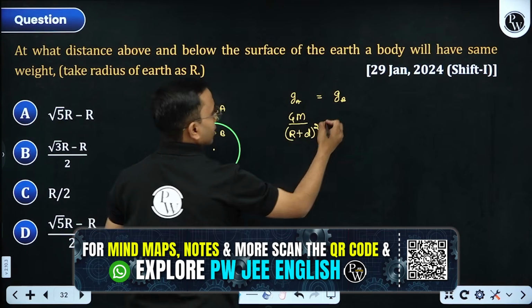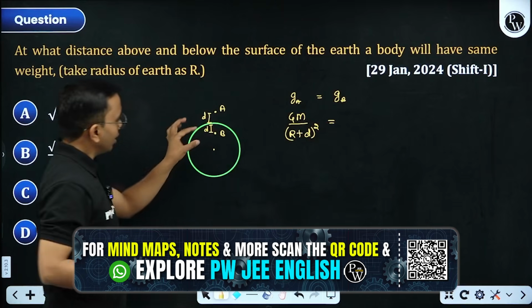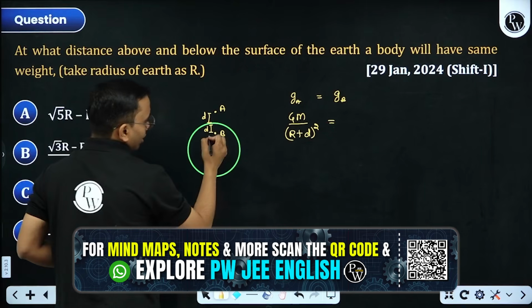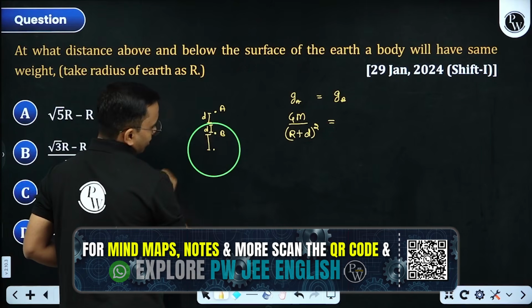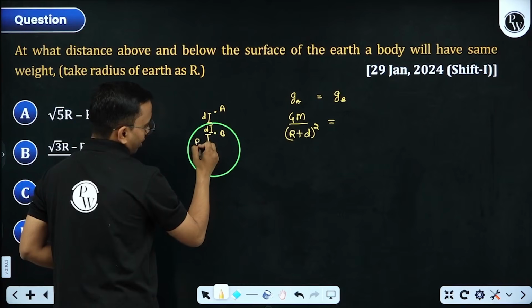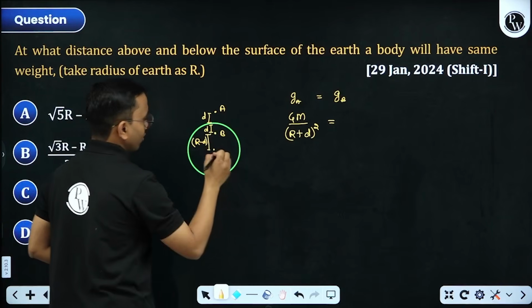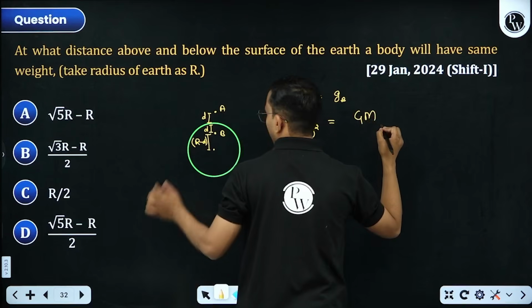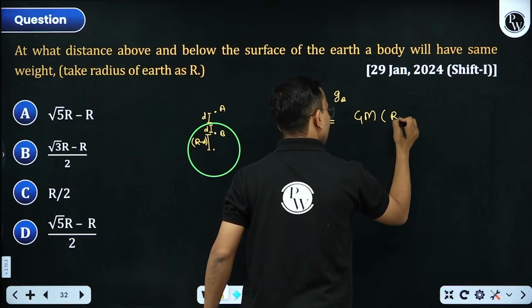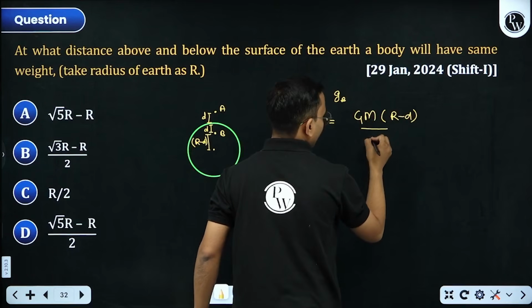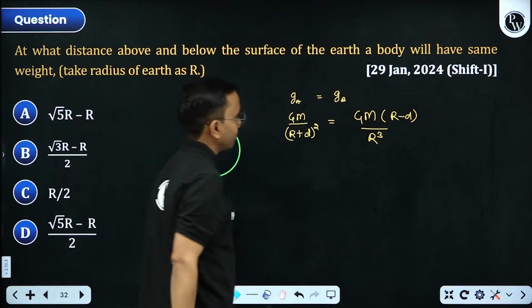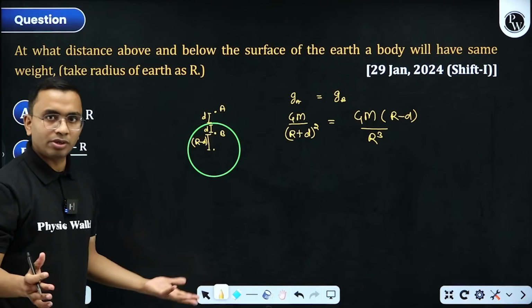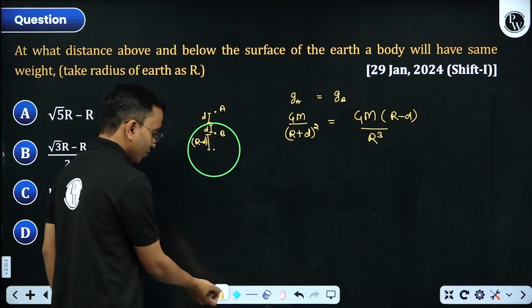This is equal to, at distance B, where the distance from the center is r minus d, GM into (r minus d) divided by r cube. GA, GB I wrote, equated them. Now solve it.